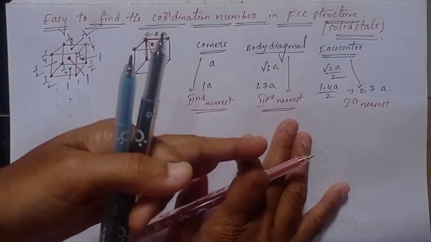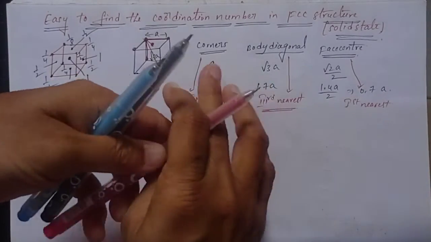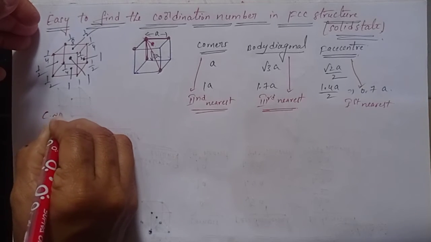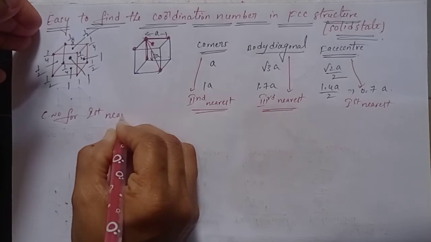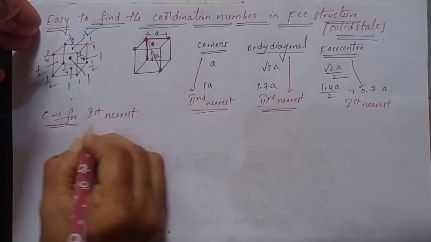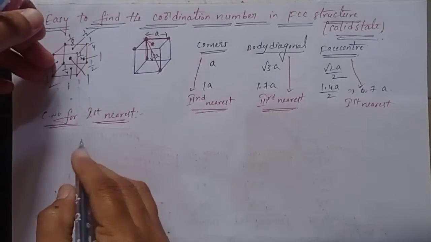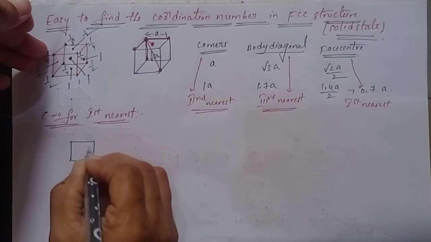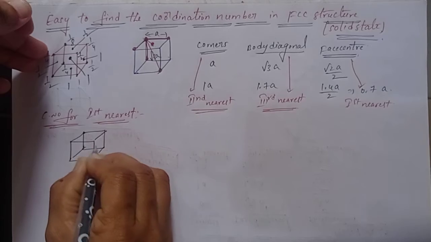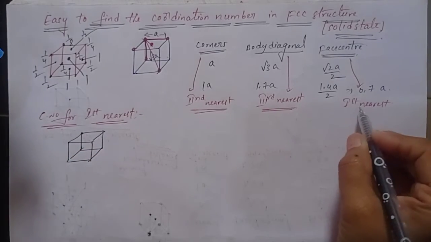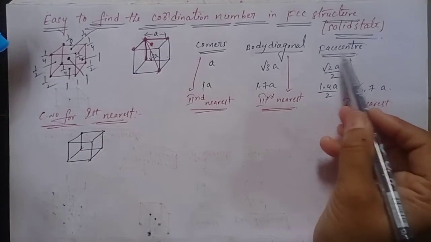Now I am going to calculate the coordination number for the first nearest. For this I am taking one cubic unit cell. See, students, this one. The first nearest is the face center particle.